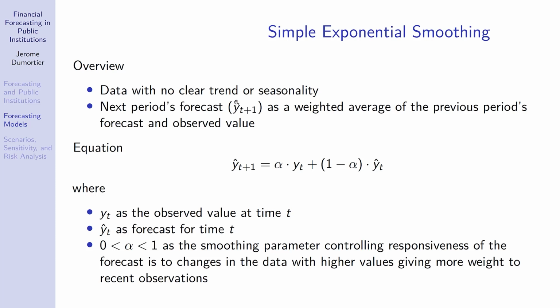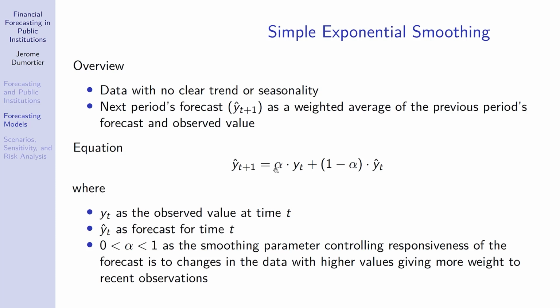Note that the little hat here means that we are talking about a predicted value and not the actual observed value. So the equation would be that you are choosing a smoothing parameter alpha that is usually between 0 and 1.